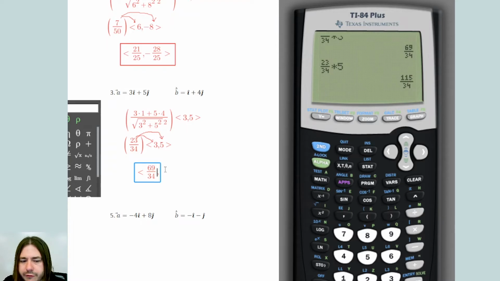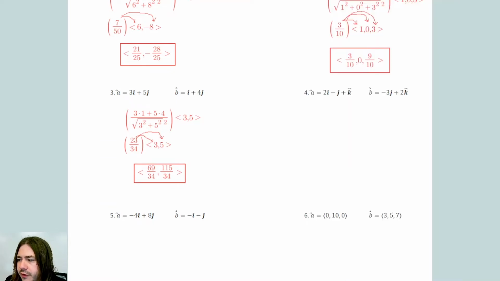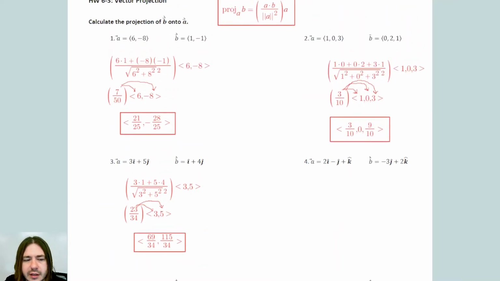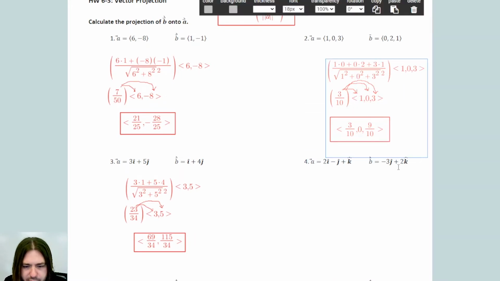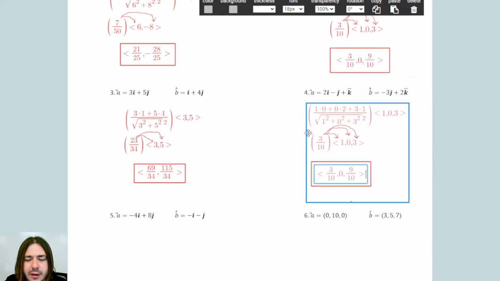So we get 115 over 34. Okay, and there's our projection vector. For number 4, we're looking at two 3-dimensional vectors. So we'll solve it kind of like how we did number 2. In fact, let's just copy and paste the work here because it will be basically the same. We're just going to change some numbers around.